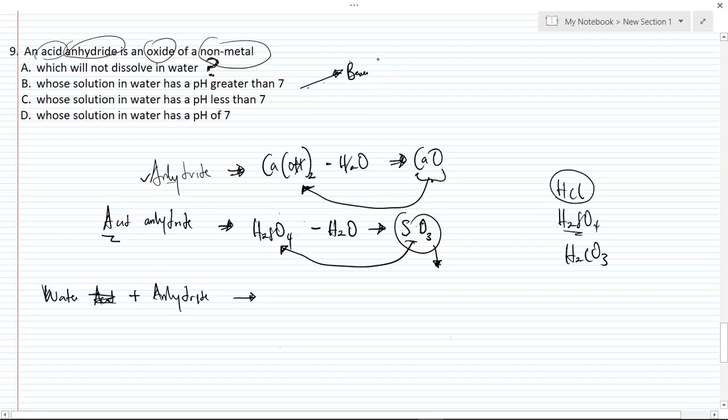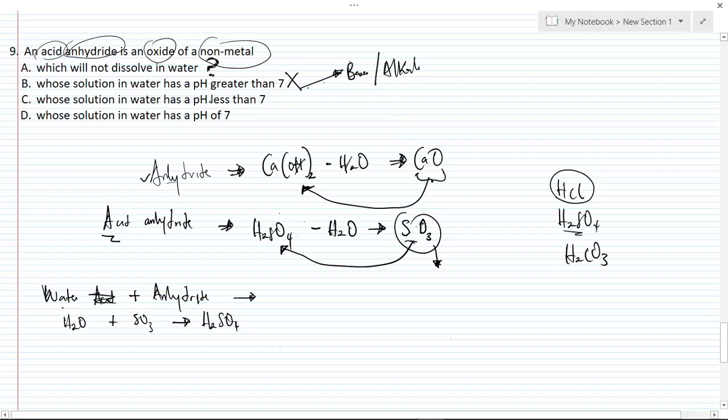Bases or alkali. And this water, so we have H2O, acid anhydride is SO3. What we have is H2SO4. So H2SO4 is not a base or an alkali, so this option is wrong.